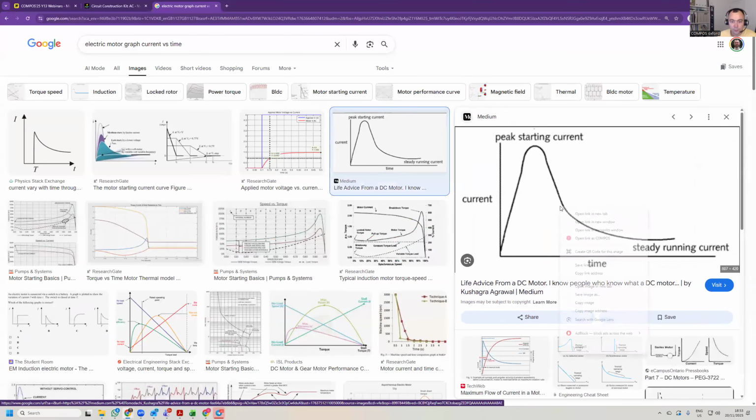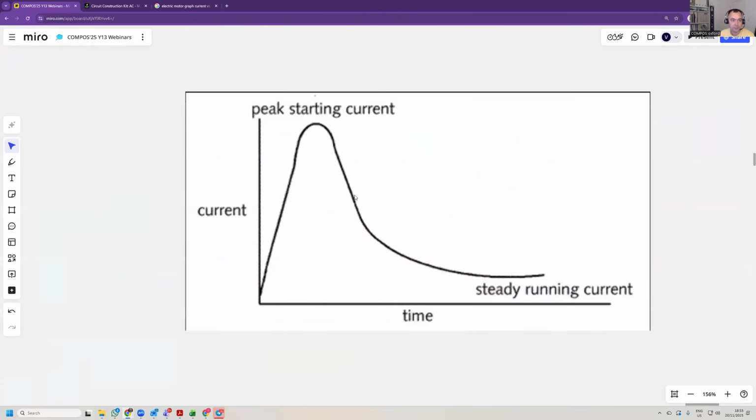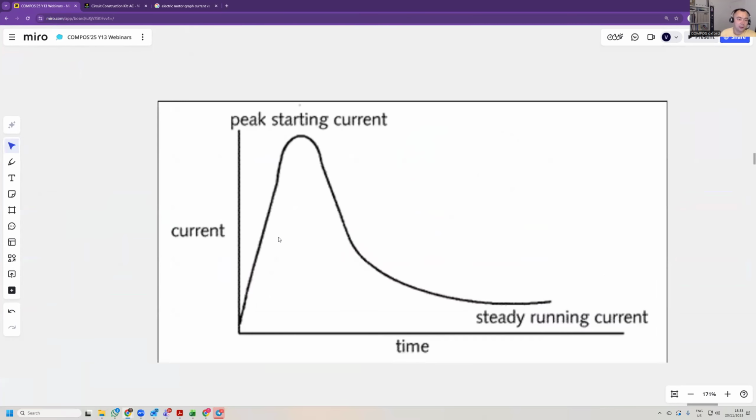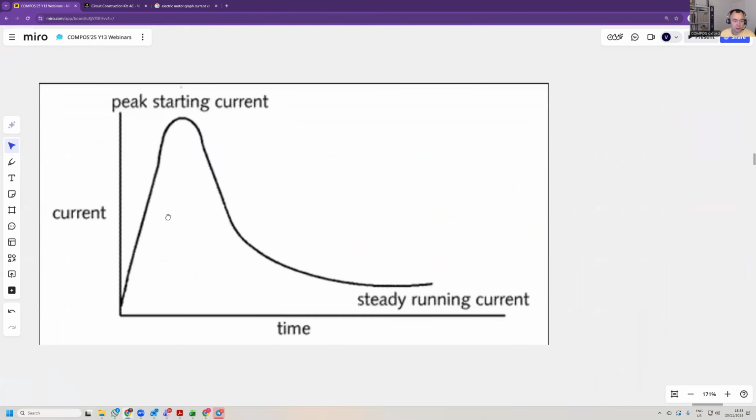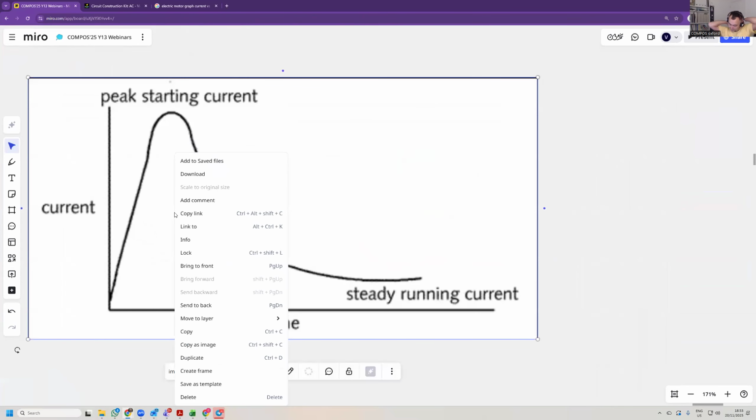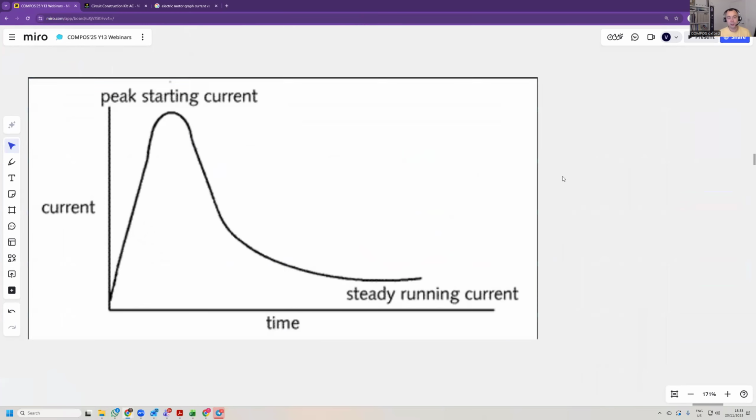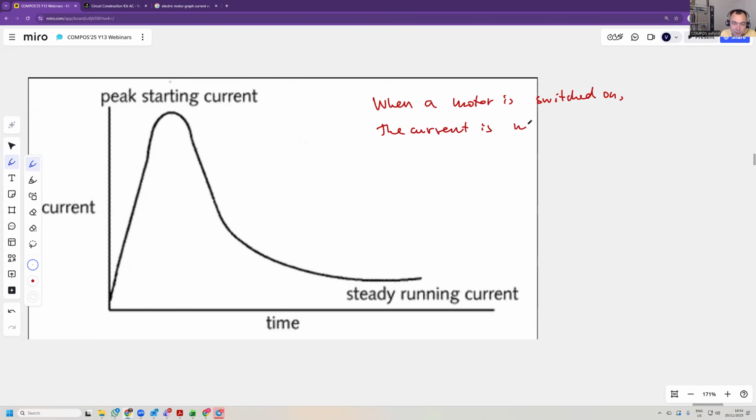When you flick the electric motor, it's a coil inside a magnetic field. But initially, the coil is not rotating, so when a motor is switched on, the current is maximum.